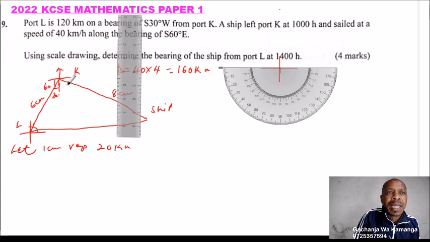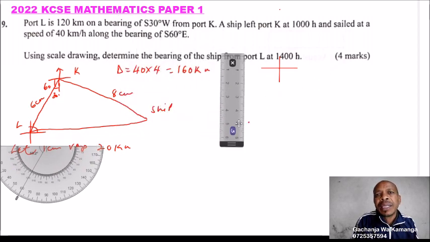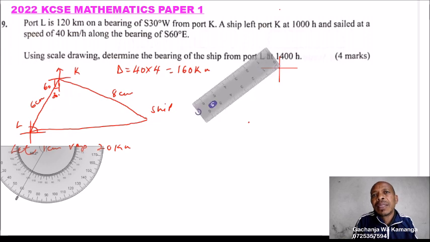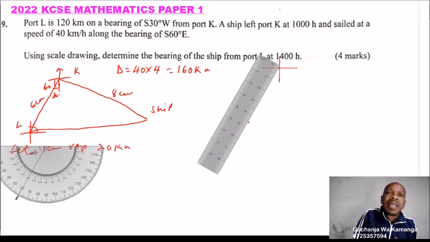So we can measure an angle of 60. So we come and say around 60, you get our angle there. From there, using a ruler, we draw that line. So that's roughly there, and we draw our line.